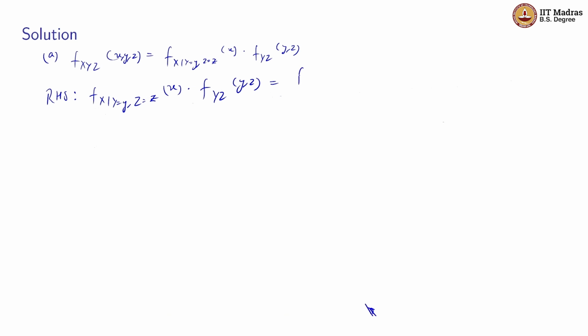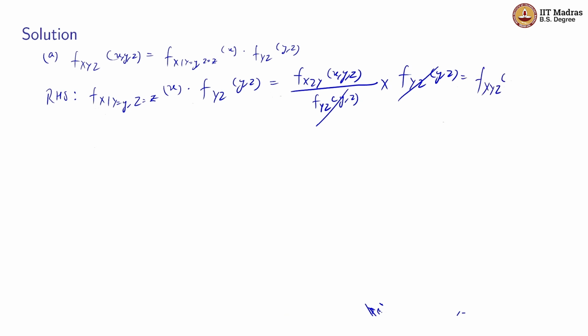So this will be equal to joint of XYZ divided by joint of Y and Z, into joint of Y and Z. These two will get cancelled and we'll be left with joint of XYZ, which is our LHS. So this means option A is correct.